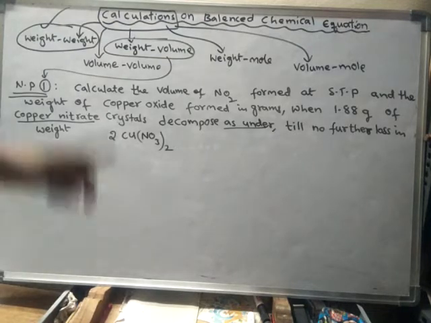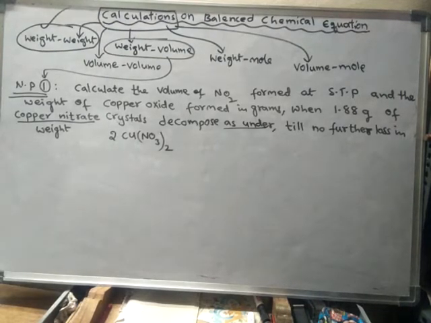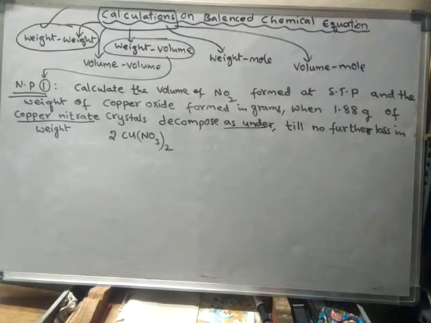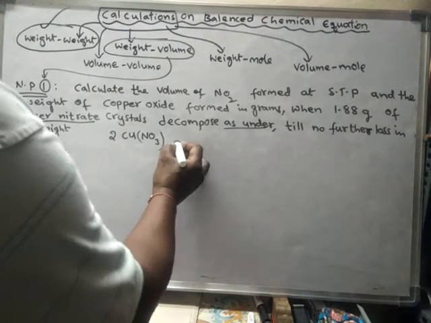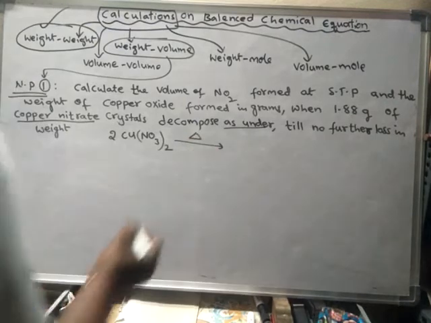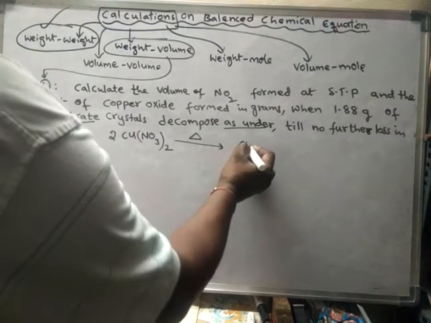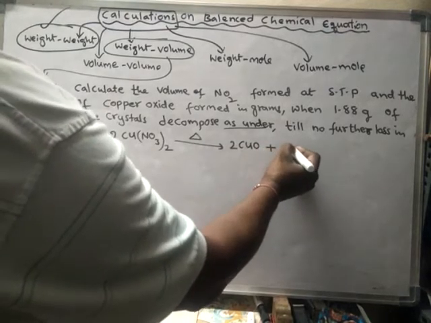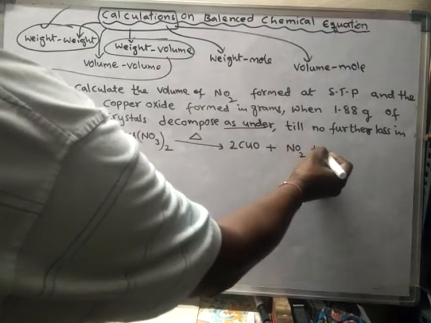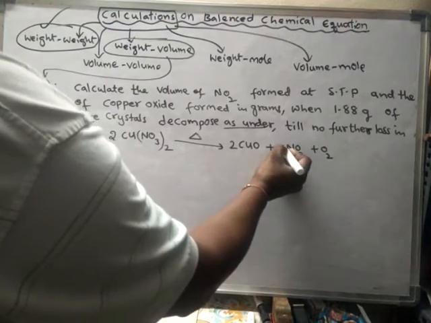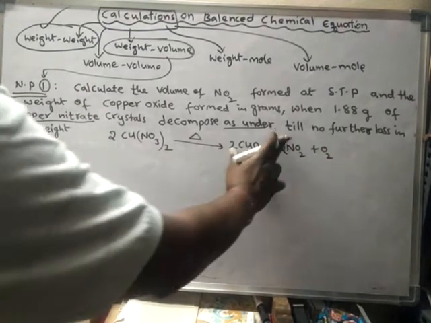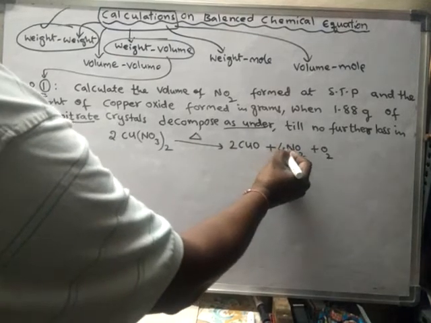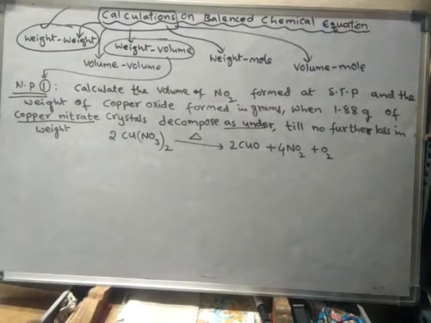We learnt about this in our 9th class ICSE textbook. Copper nitrate crystals upon heating produce copper oxide, nitrogen dioxide, and oxygen. So this is a balanced chemical equation.